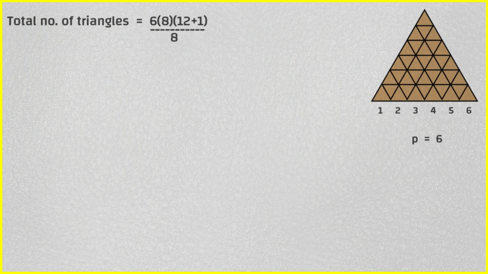So here the value of p we get is equal to 6, and thus when we substitute the value of p in our formula, we get 6 into (6 plus 2, which is 8), bracket, 2 into 6, that is 12, plus 1, whole divided by 8, which gives us the value 78. Thus, in this figure, the total number of triangles possible is 78.